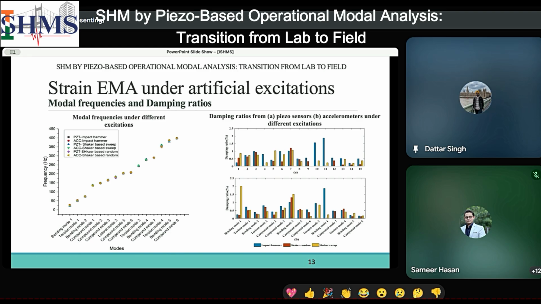So given the changing of all the parameters, from time domain signals to frequency domain, from acceleration to strain responses, and different types of excitation, that is impact hammer, then shaker based random excitation, then shaker based sweep excitations, all of these parameters changing does not lead to equivalent damping ratios in all the cases. So this is one of the major factors that prohibits damping ratio from being used as a damage indicator in structural health monitoring.